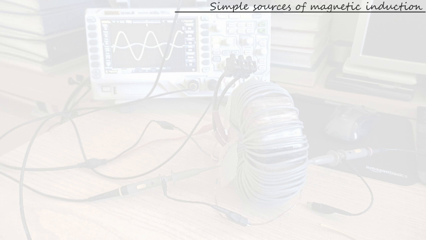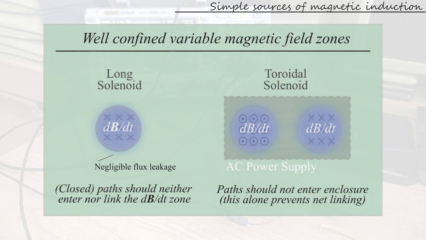To avoid unnecessary complications, I will try as much as possible to employ idealized sources where the confinement of the B and the dB/dt fields is total, so that they will be clearly represented by portions of space with well-defined boundaries. In two-dimensional sections, they will be represented by gray shapes with crosses and pointed circles to represent the orientation of the field.